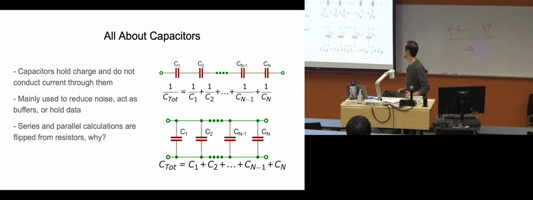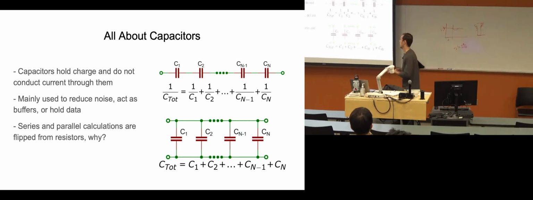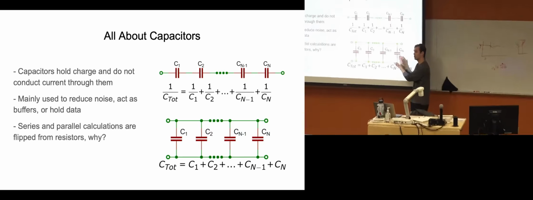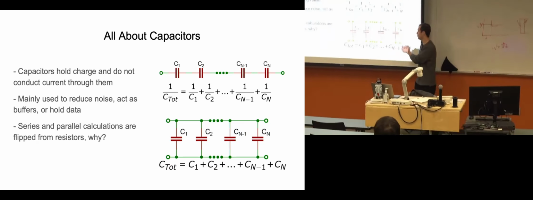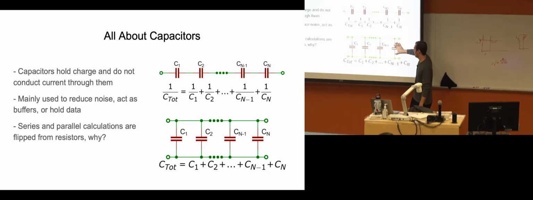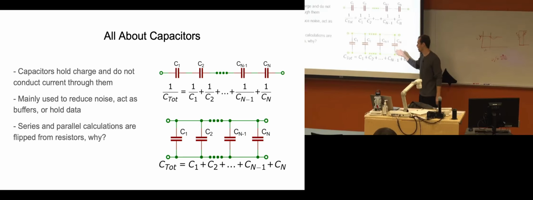circuit, how do we simplify them? It's actually the inverse of how resistors work. And we can imagine why. So as I said, capacitors hold charge, right? And they hold charge proportional to what their capacitance is, right? So if we have a capacitor, let's just say it has a capacitance of 10, okay?